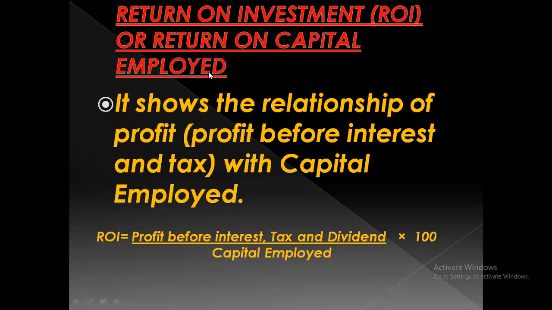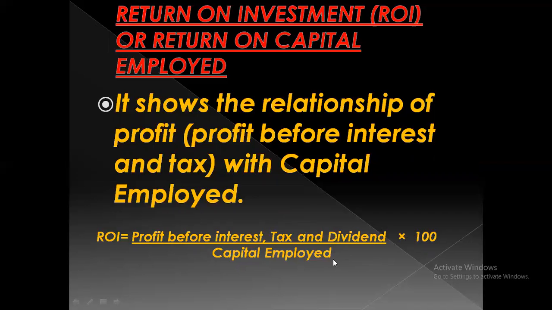Now next is return on investment. It is also known as ROI or return on capital employed. The formula to calculate return on investment is profit, this is net profit before interest, tax and dividend, divided by the capital employed into 100. Student, this capital employed is the total long-term money invested into the business.